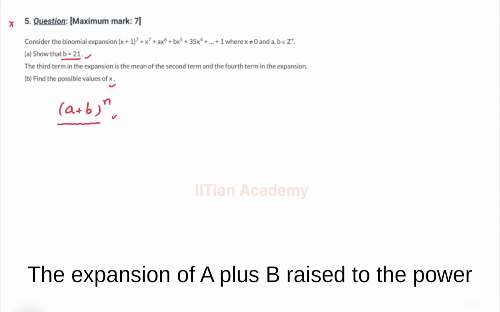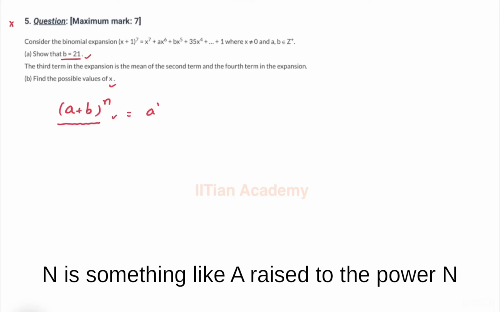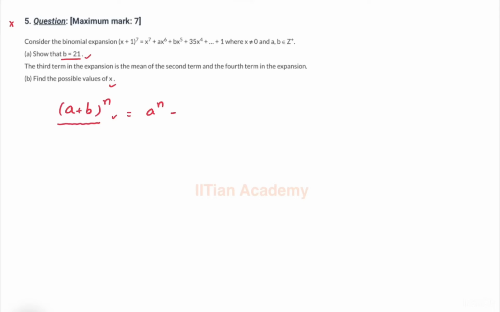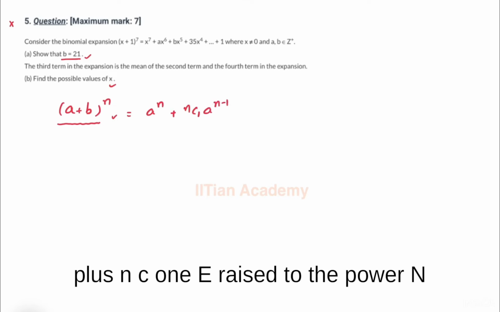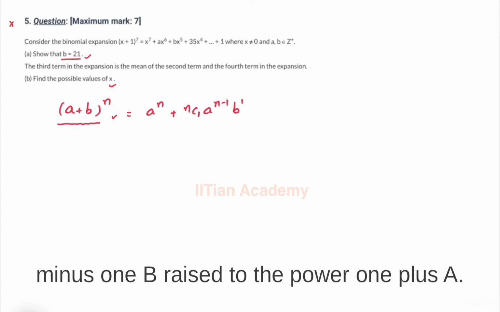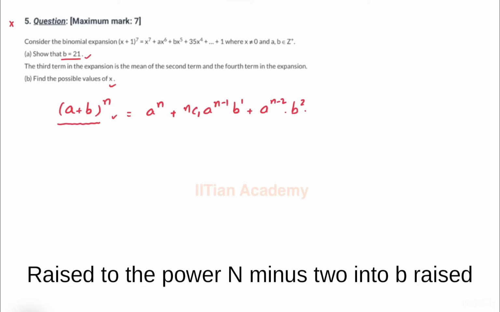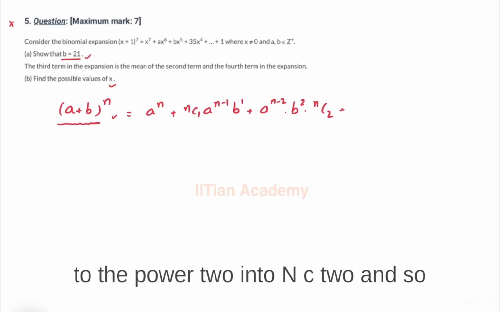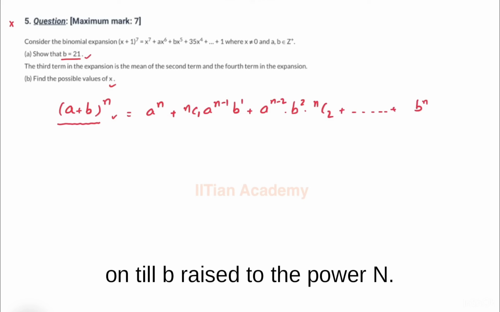The expansion of (a + b)^n is a^n plus nC1 a^(n-1) b^1 plus nC2 a^(n-2) b^2 and so on till b^n.